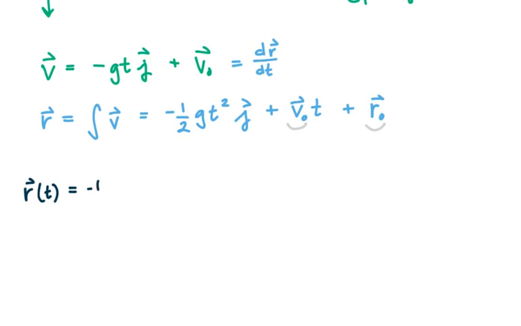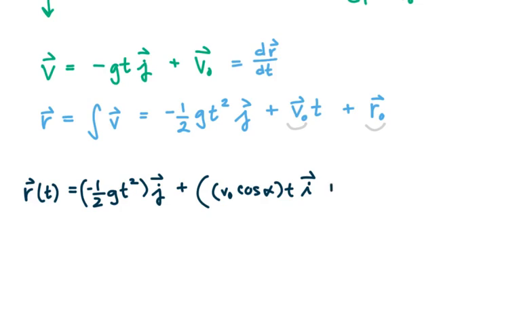And it's always going to be negative 1/2 gt squared combined with vertical motion plus, I have v naught cosine alpha, that horizontal component of velocity, t times i, plus v naught sine alpha, the vertical component of velocity, t j, plus some zero vector.